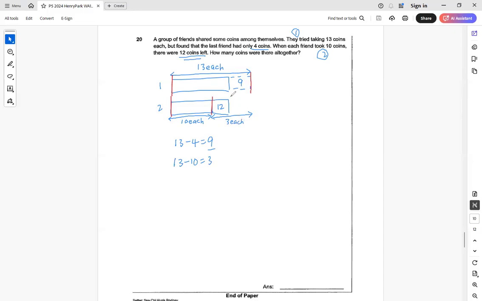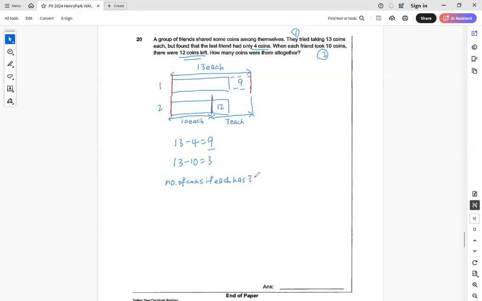So let's see, how many coins are there here if each friend actually took 3 each? From this part to this part. Let me write down the number of coins if each has 3.